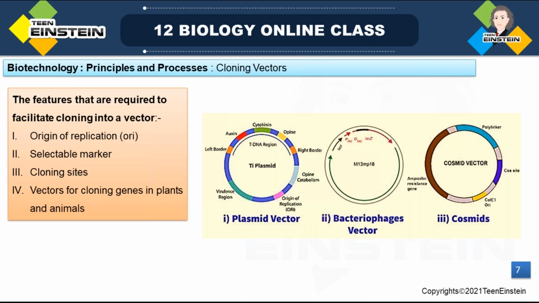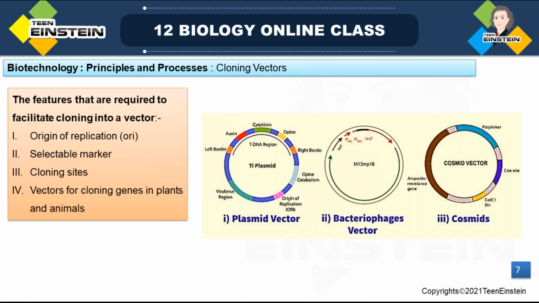We have learned how restriction enzymes work, how we make sticky ends, and how we join the foreign DNA with the vector DNA. Then only that restriction enzyme can cut and make the sticky ends for the insertion of foreign DNA into the vector DNA, right? Then the cloning vector should have a selectable marker.